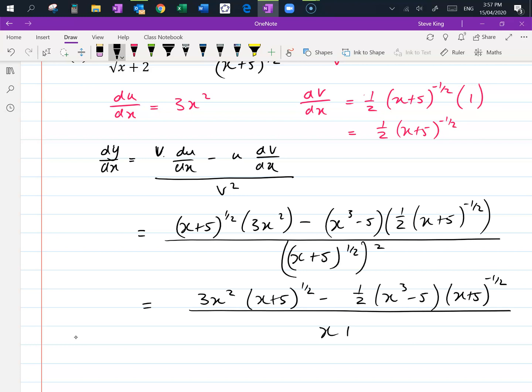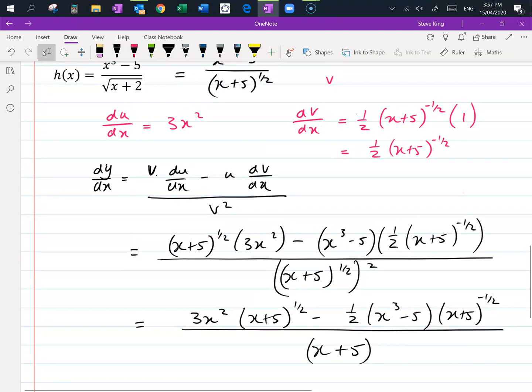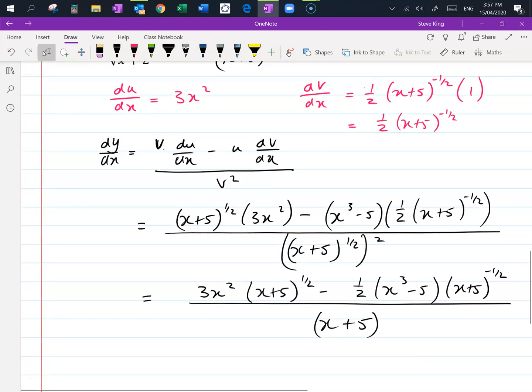That's simply going to be over x plus 5. Why have I got x plus 5 all of a sudden? Have I made a mistake somewhere? Yes, I have. No, I haven't. No, that's all good.